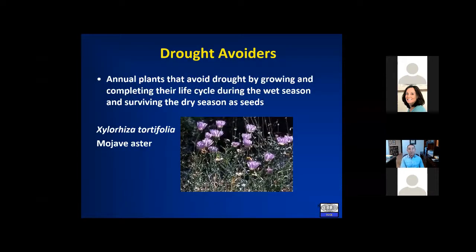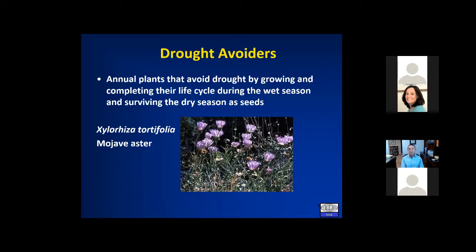So drought avoiders are plants that avoid drought by growing and completing their entire life cycle during the wet season. A lot of the annual flowers that you see in the spring when we have a good winter rain, in the desert, you'll see a carpet of flowers. Those are the annuals that take advantage of those rains.